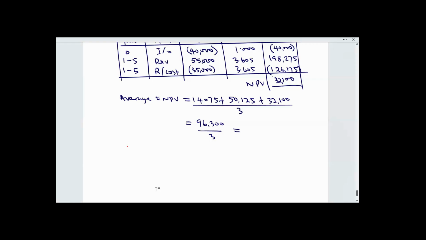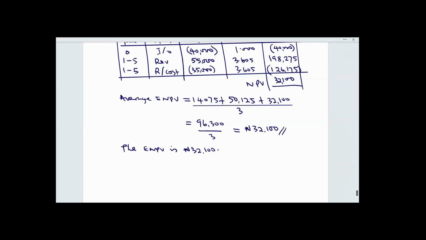So the average expected NPV is equal to 32,100. So you can say the expected NPV is approximately 32,100 naira. So that's that.